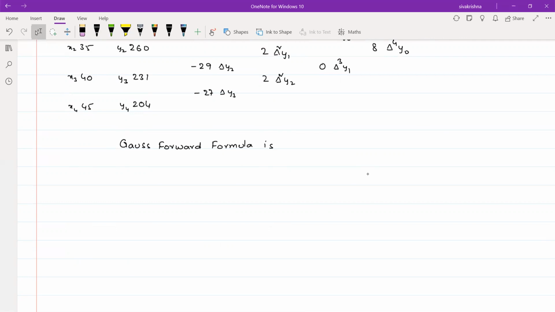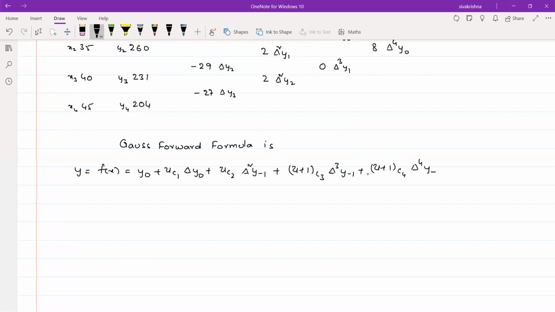So y is equal to f of x is equal to, the first term is y0 plus uC1 into delta y0 plus uC2 into delta square y suffix minus 1 plus (u plus 1)C3 into delta cube y suffix minus 1 plus (u plus 1)C4 into delta power 4 y suffix minus 2 plus (u plus 2)C5 into delta power 5 y suffix minus 2.